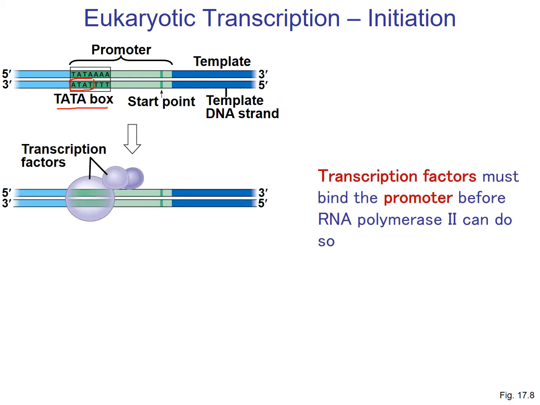So the second thing that happens: eukaryotes are a lot more complex, and we require something called transcription factors. So what are these things? Well, if you think about your body, how complex it is, you have blood cells, skin cells, bone cells, brain cells, all sorts of cells. So first of all, we need to be able to turn on some genes in some cells, but not all cells.